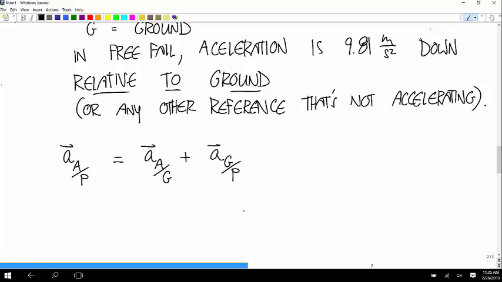The only thing about this is the acceleration of the ground relative to the plane is a bit of an unintuitive measurement, but remember that if you switch the subscripts, that's the same thing as switching the signs. So this is equal to the negative acceleration of the plane relative to the ground. And now that makes sense.